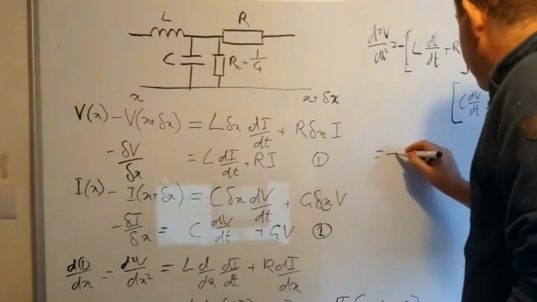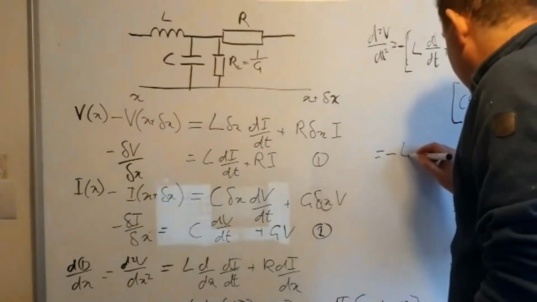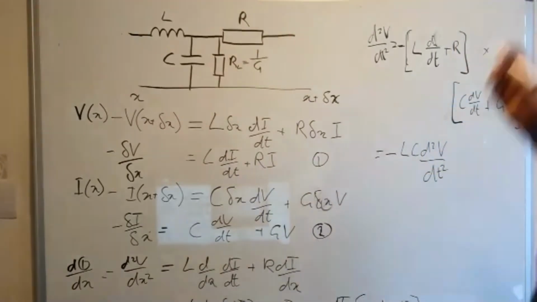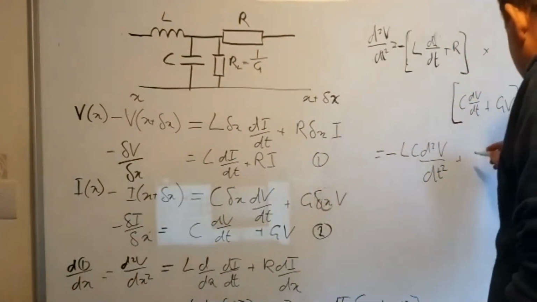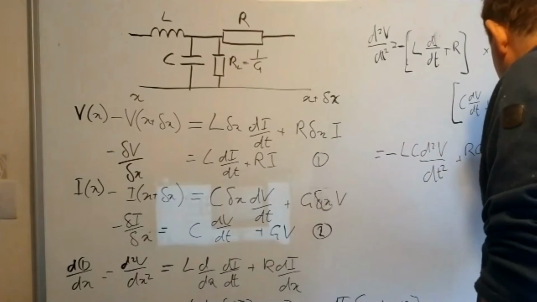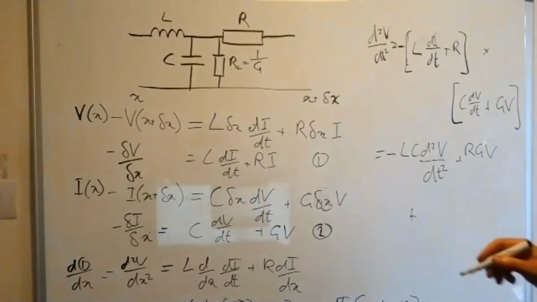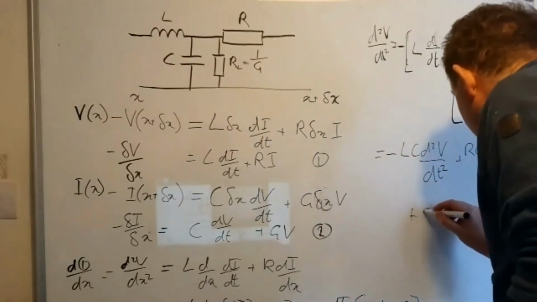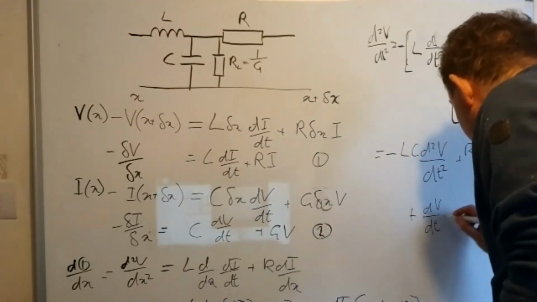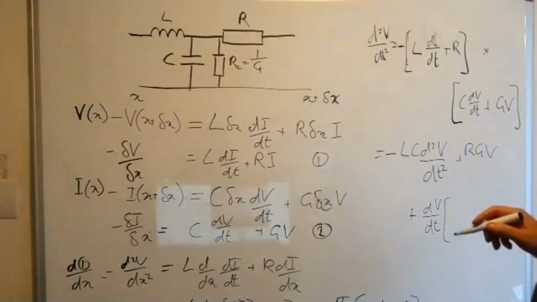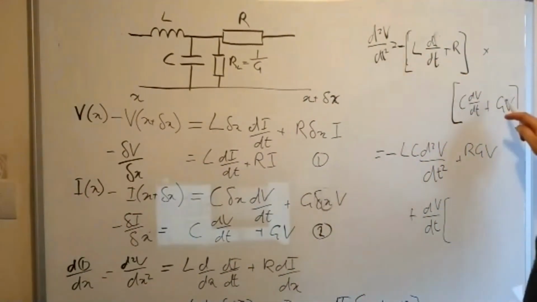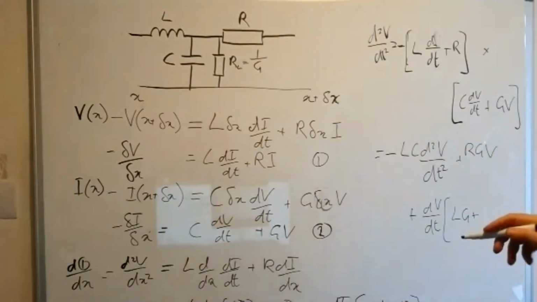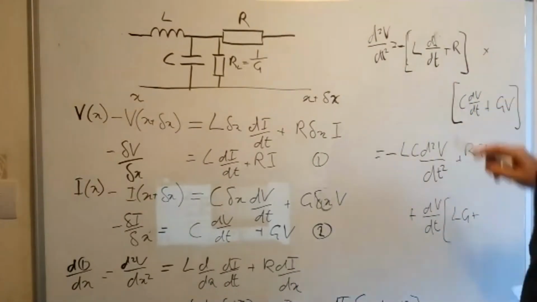And so that becomes minus LC d2V dt squared, and then there's a term RGV, and then there are two terms in terms of dV dt. So we have one which is LG, and the other one which is R times C.